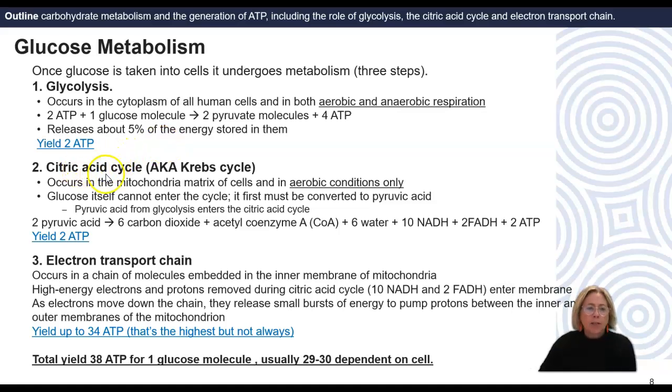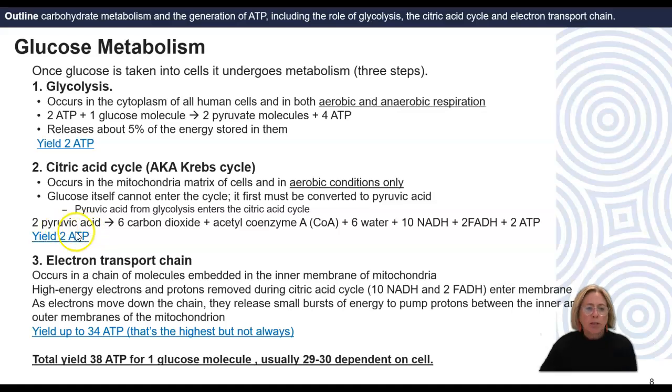The second step then is the citric acid cycle, which is also known as the Krebs cycle. It occurs in the mitochondrial matrix of cells and only in aerobic conditions. Glucose itself can't enter the cycle, so it must be converted to pyruvic acid. So pyruvic acid from the glycolysis step enters the citric acid cycle.